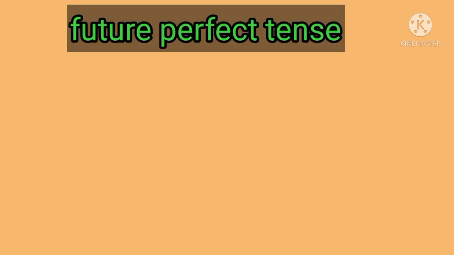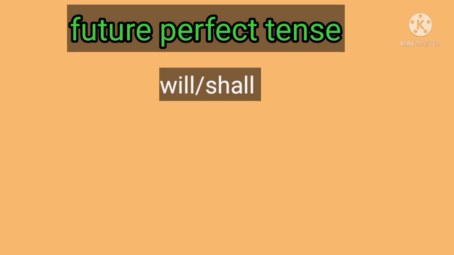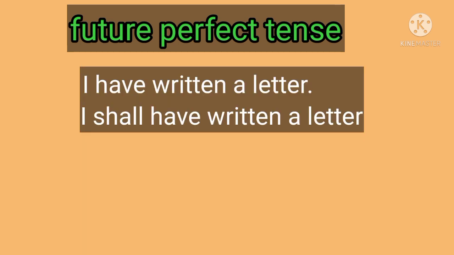Future perfect tense. Future perfect tense is formed by writing "will" or "shall" before the sentence in the present tense. For example, "I have written a letter" is transformed into future perfect tense by adding "will" or "shall", and the sentence becomes: I will have written a letter, or I shall have written a letter.